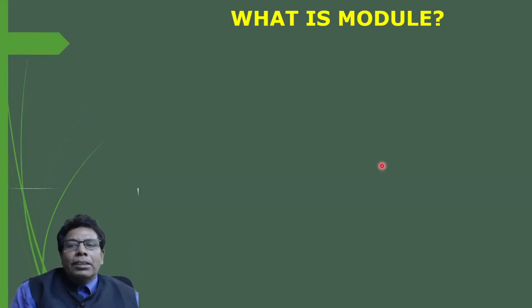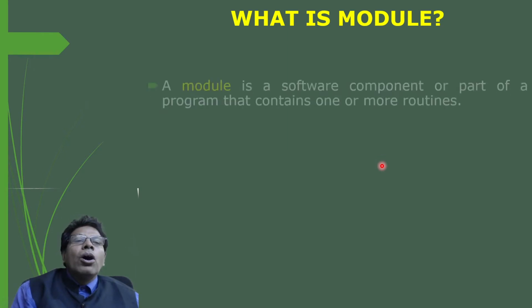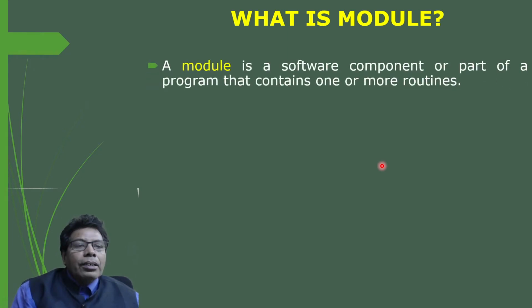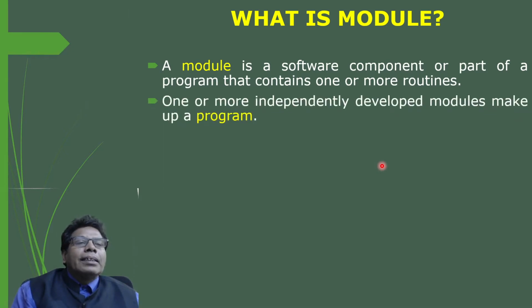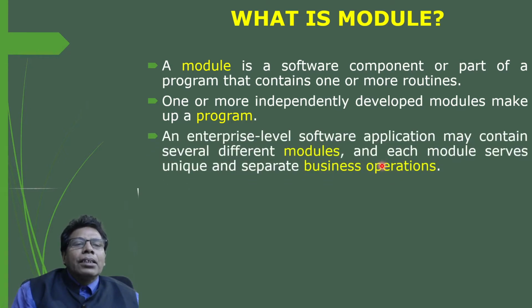Then let us go to what is a module. A module is a software component or part of a program that contains one or more routines. So here one or more independent modules make up a program. Now if you take an enterprise level application, it may contain different modules, and each module serves a unique and separate business operation. That means every module will have certain functionality.